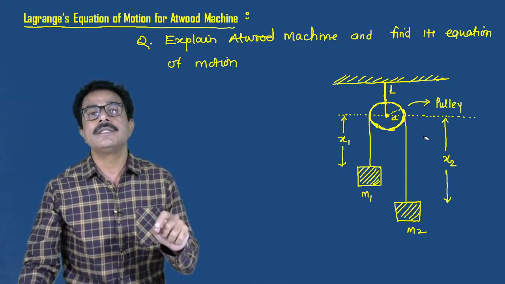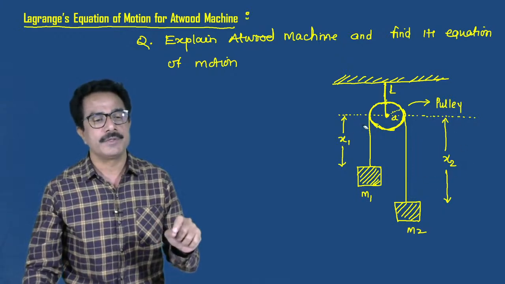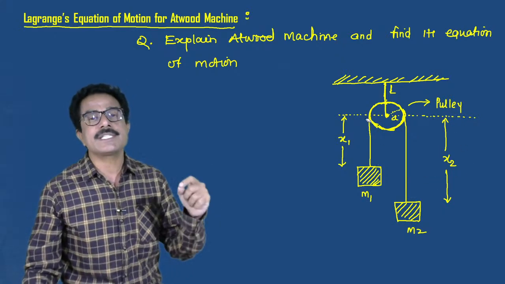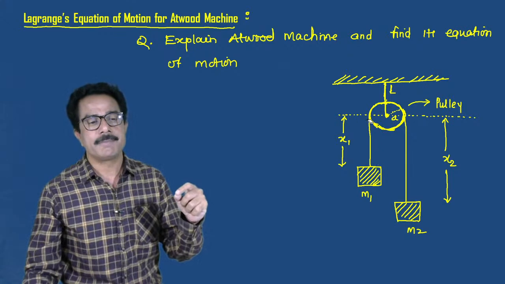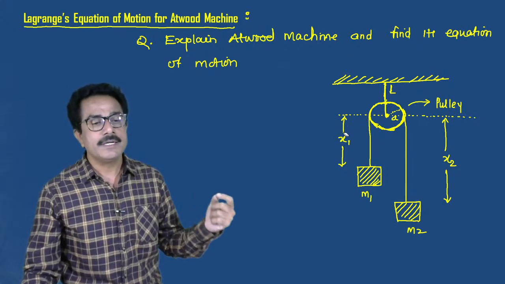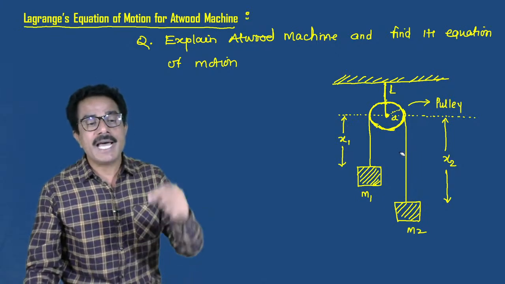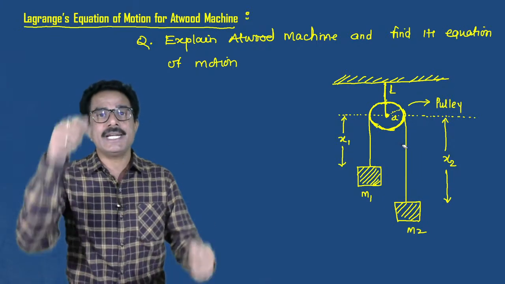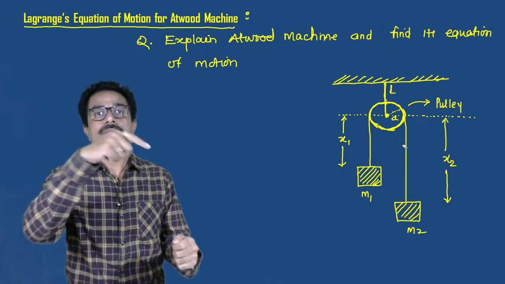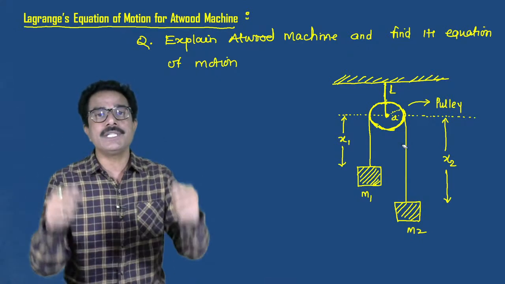The mass M1 is suspended by a string with length x1, but both strings are connected to one another by using the pulley.